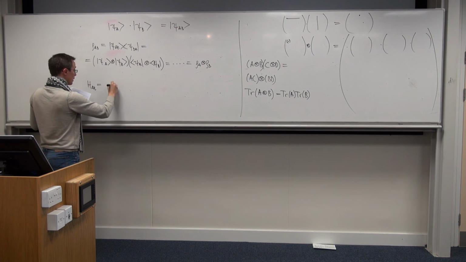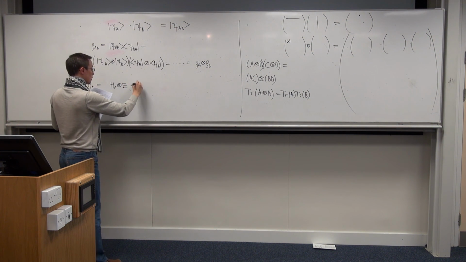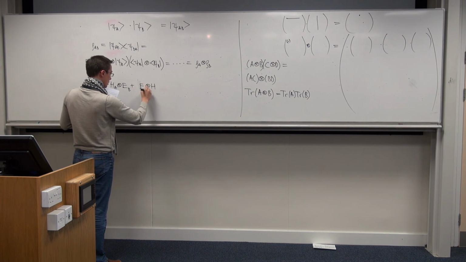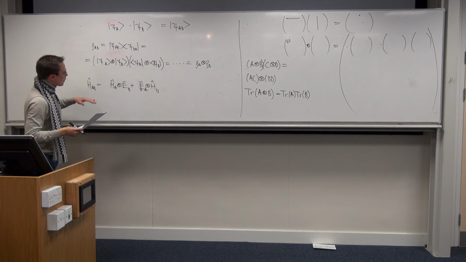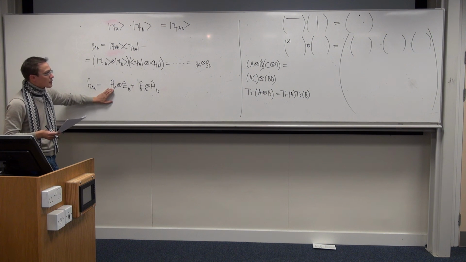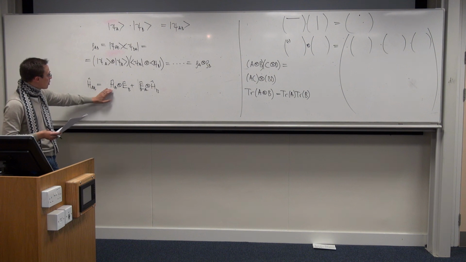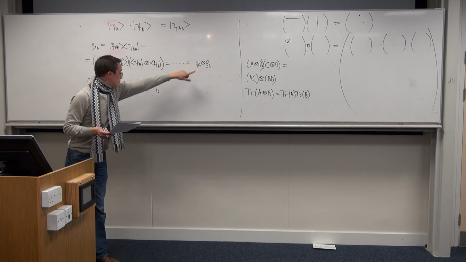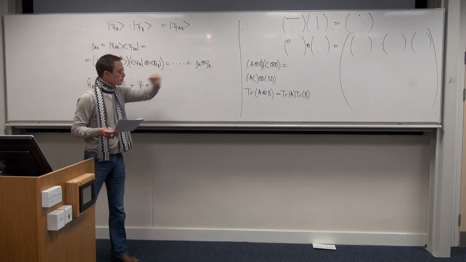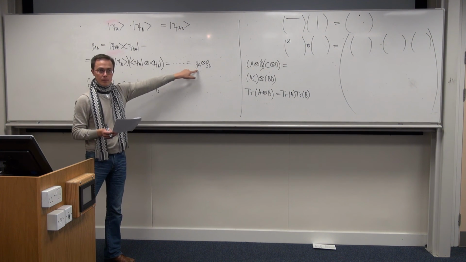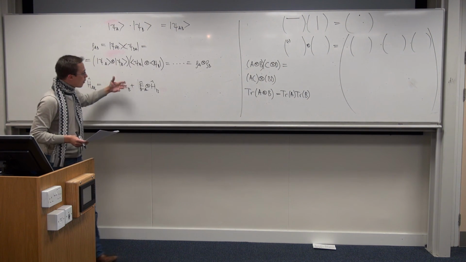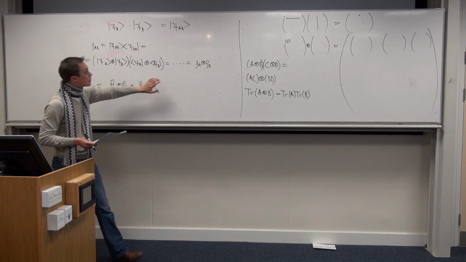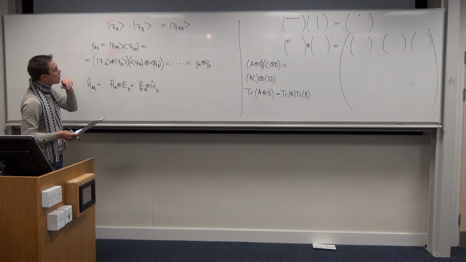H AB is H A cross E plus E cross H B. You see, this comes from the fact that the Hamiltonian of A must still only act on A, has no business acting on B. So when this acts, because of this property, H A will act on A, and a unit operator will act on B, so nothing will happen to B. The B part of the Hamiltonian will act with a unit matrix on A, nothing will happen, and will act with the H B on B. So such a form of the Hamiltonian ensures that the part of the Hamiltonian that worked on A continues working on A, and the part that has worked on B continues working on B. No derivation here, it's a bit involved, but there goes.